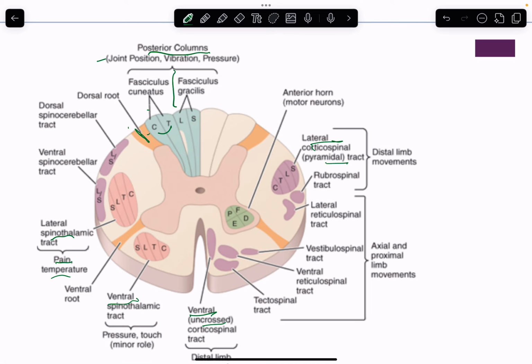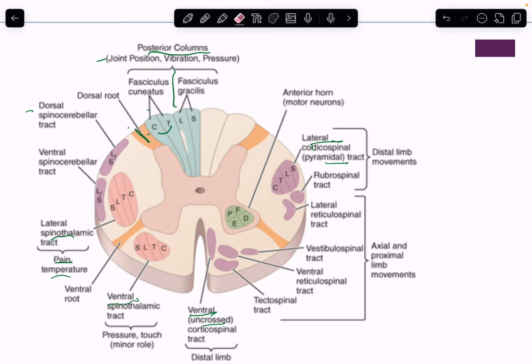So how about the dorsal spinocerebellar and ventral spinocerebellar tracts? They are two main pathways that carry proprioceptive information related to body position and movement from the spinal cord going to the cerebellum.